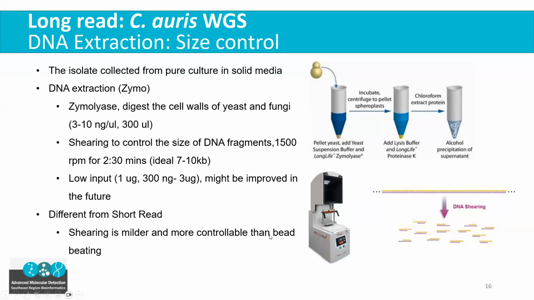But we have heard that PacBio has newer products requiring lower DNA input for sequencing. So hopefully this critical requirement will be improved in the future. But so far, this is a delicate step, and we try to maintain the highest input for the run.